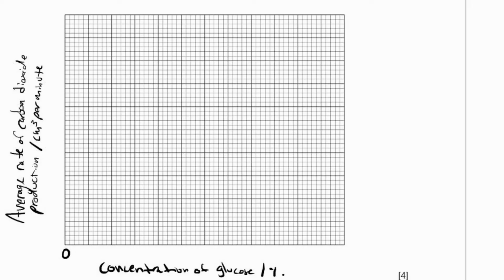And so for a nice logical scale, we have 1, 2, 3, 4, 5, 6 large squares. So the logical number to go up by is 0.5s: 0.5, 1.0, 1.5, 2.0, 2.5, and 3.0.